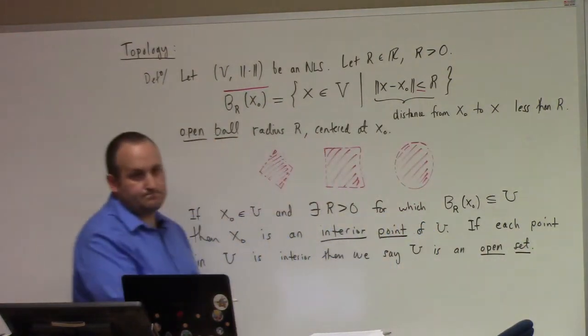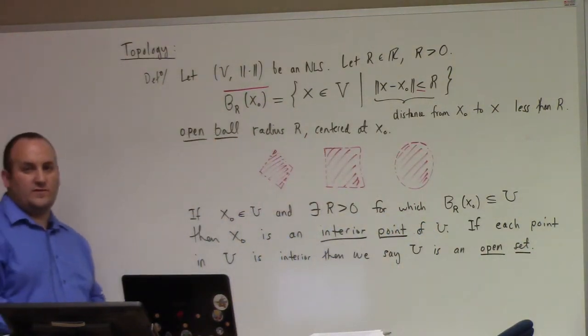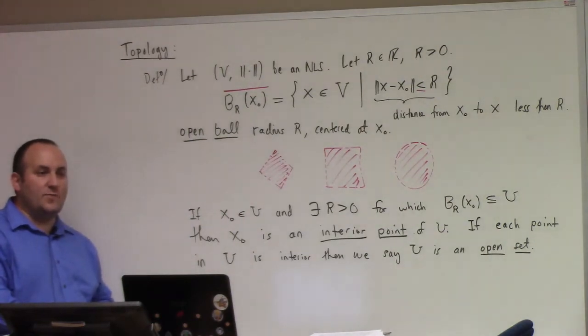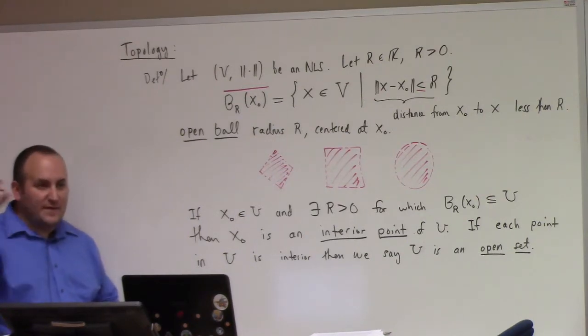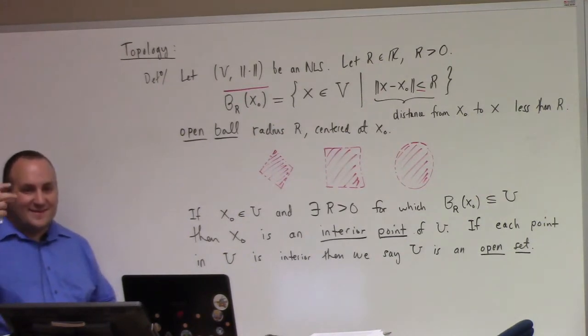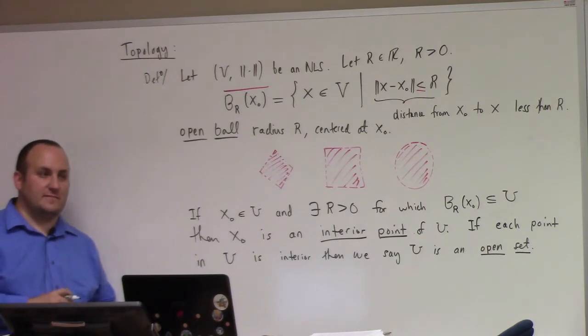So as a kind of silly example, open balls themselves are open sets, because if you think about any point within an open ball, you can think about another open ball within the open ball around that point.